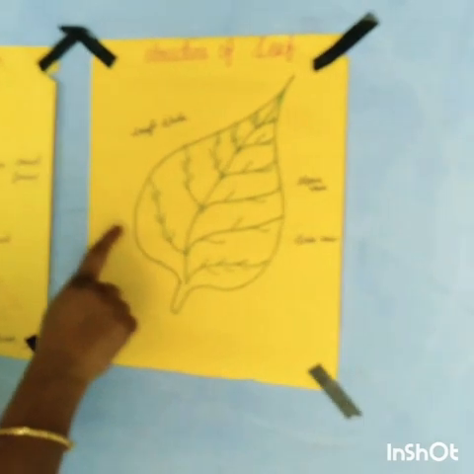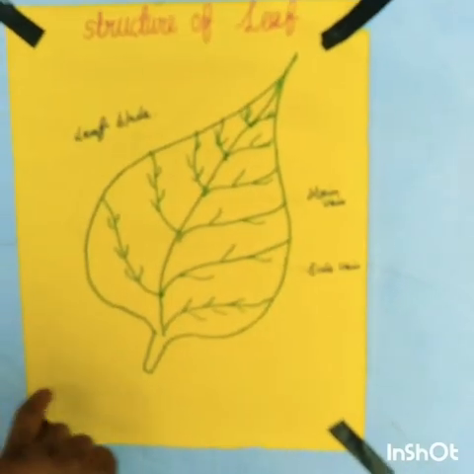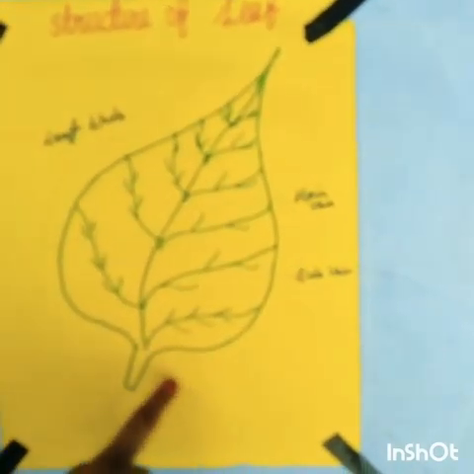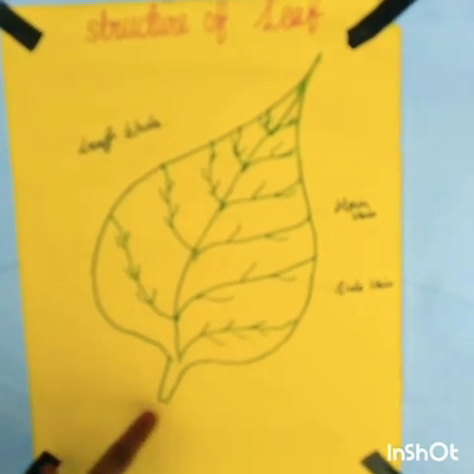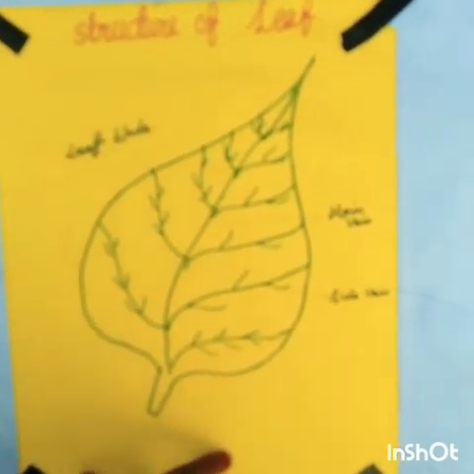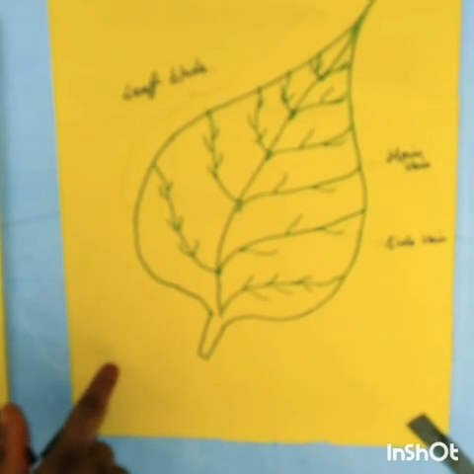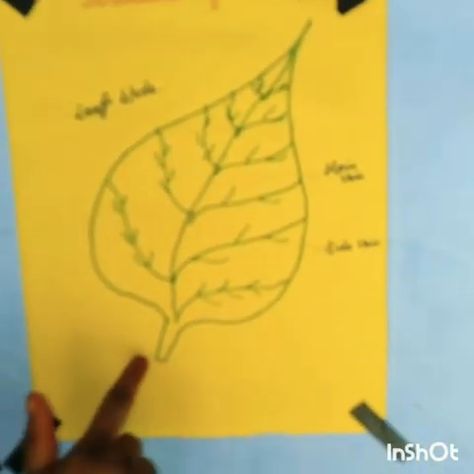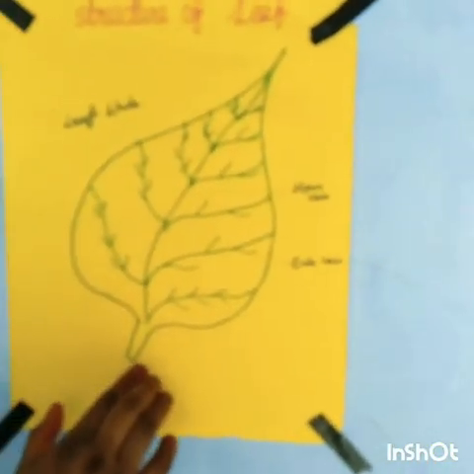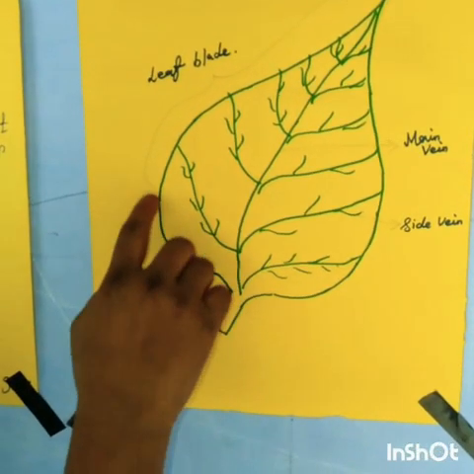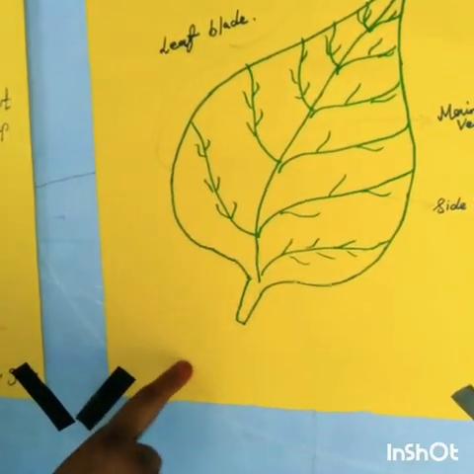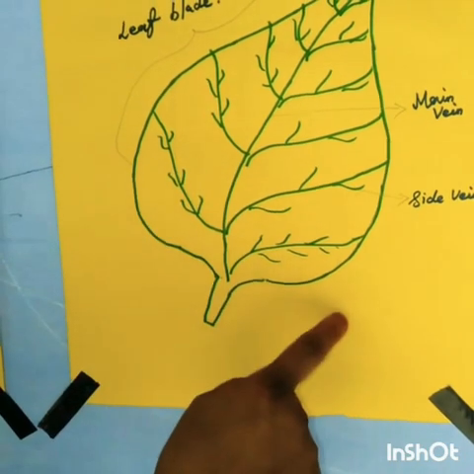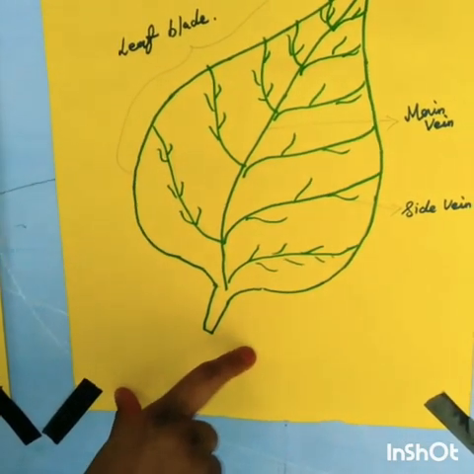Next we go to see another part of the plant. What is it? Leaf. Leaf is green in color. Leaf is called the kitchen or food factory of the plant. Why do we call it the kitchen of the plants? Leaves have one pigment, called chlorophyll. That chlorophyll gives the green color to the leaves.